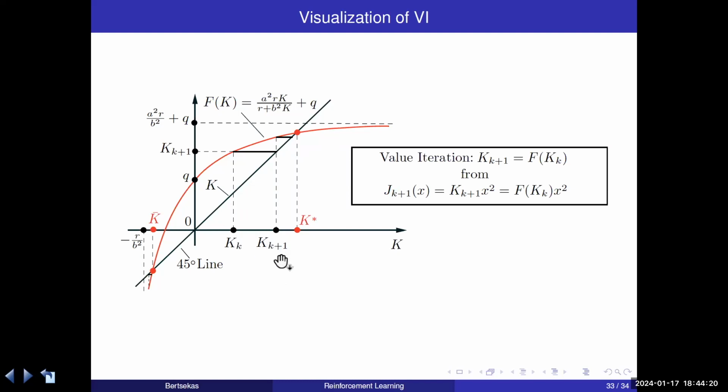Now, in the next lecture, we're going to visualize in the same way policy iteration. We're going to see that it's much faster. And we're also going to see how approximate value iteration works, and also general approximation in value space works for linear quadratic problems using the same visualization.